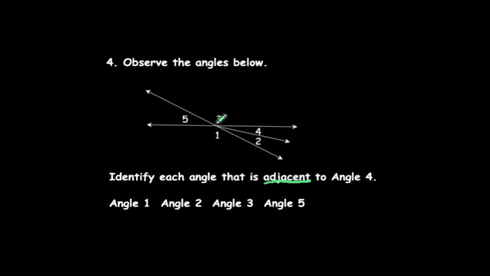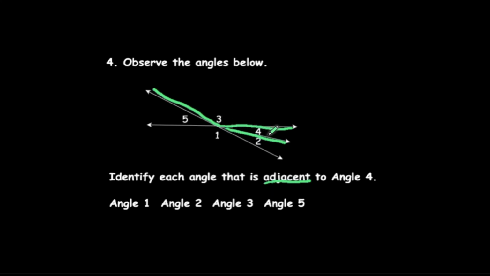All right, so let's outline angle 4 here. This is angle 4. Now we have a side here, and this side goes with this angle here, which is angle 3, right? So that means angle 4 is adjacent to angle 3. What else?